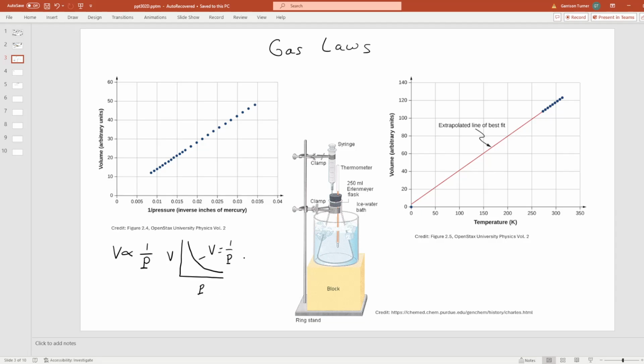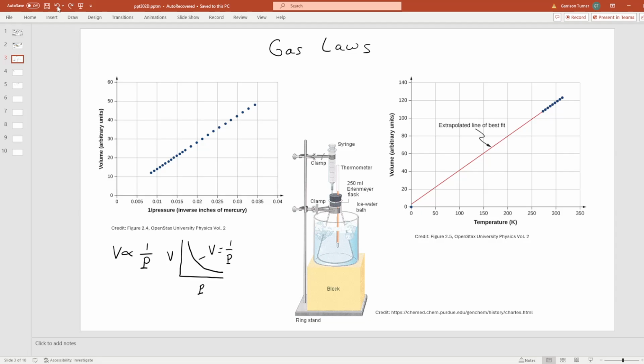As a result, this is an inverse law as opposed to an inverse square law, for example. But if I then plot the inverse of that, I get this linear trend. For most gases, we see this in action, right?